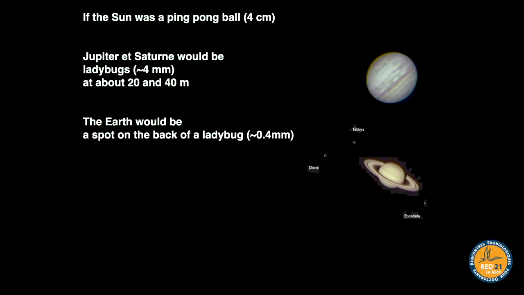And actually, you can see it because, for example, the small red dot that we call the Great Red Spot on Jupiter is about the size of the Earth. So you can really see the scale of this. The problem is that the nearest exo-Earth with this scaling would be more than 1,000 kilometers away.